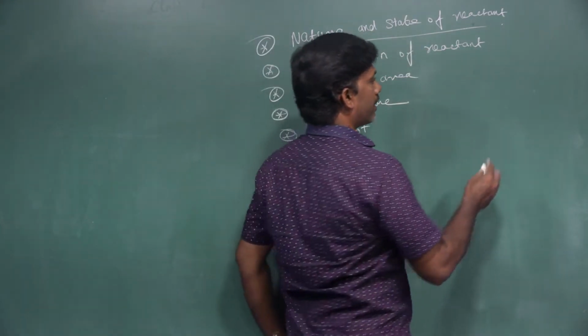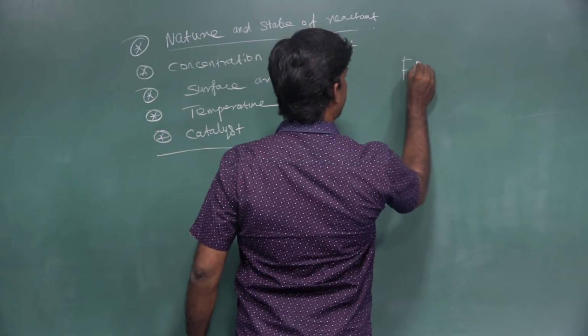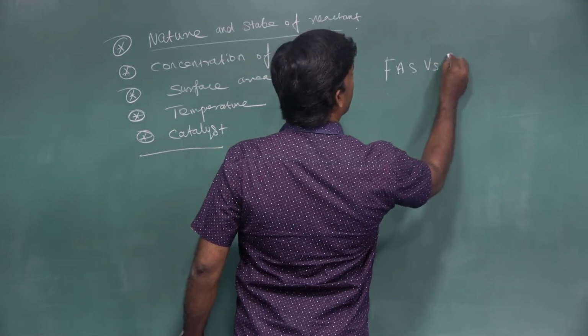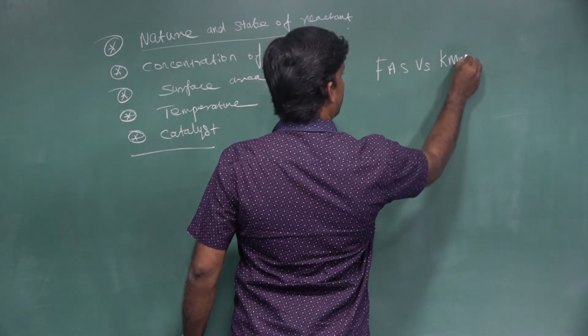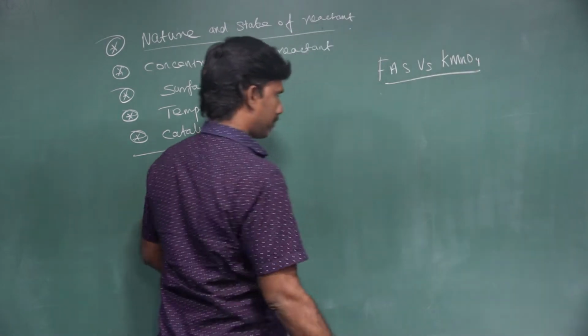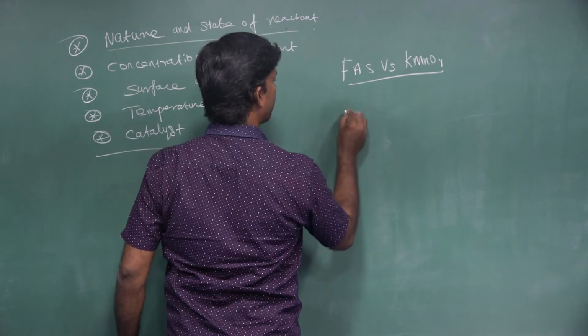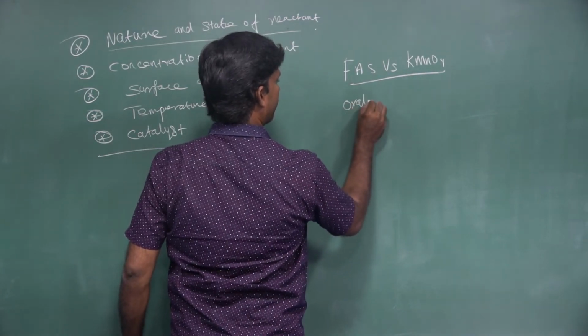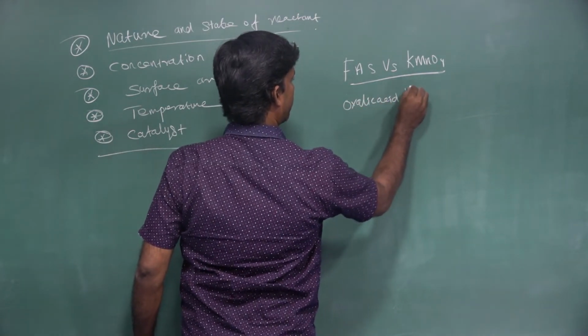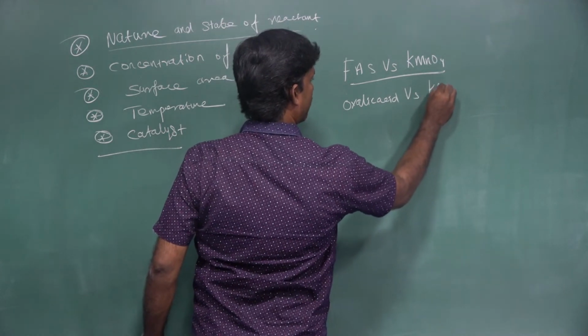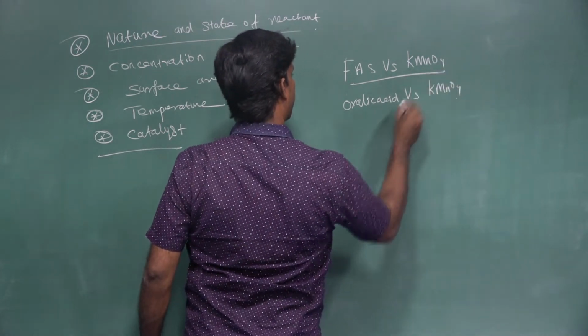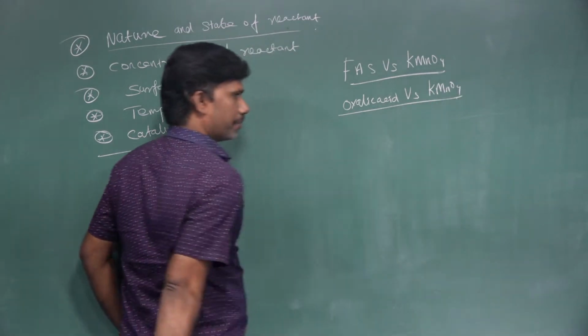For example, the redox reaction of FAS with KMnO4 happens very fast. The same KMnO4 treated with oxalic acid is also a redox reaction, the same oxidizing process, but it cannot happen simply.